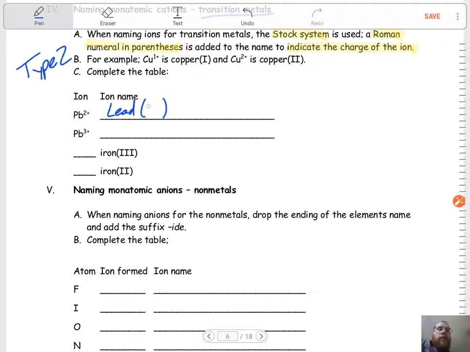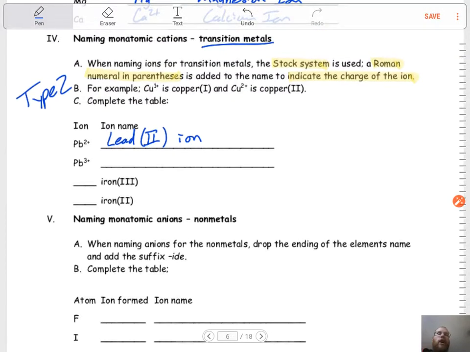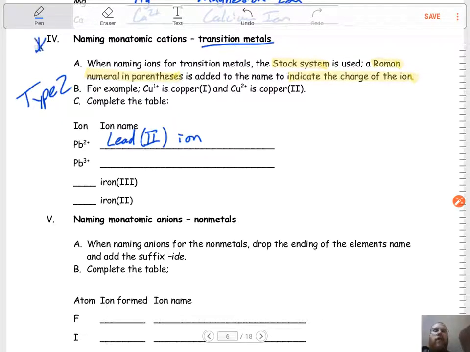So this one is going to be the lead(II) ion because it has the specific charge of +2. It's very important. This is the rule, the step that people forget most often. This is the one that people will forget come Regents time when we're reviewing, but it's very important.